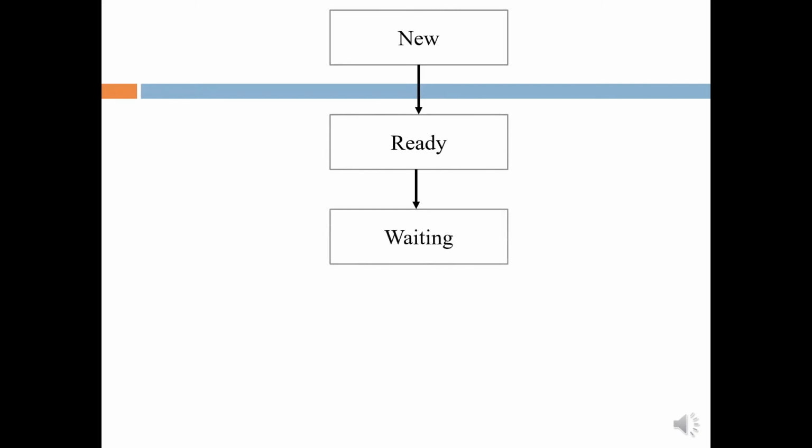Here, the process is in the new state when the process is about to be created. After creation, it will be in the ready state and then waiting for a resource. Now the execution starts.